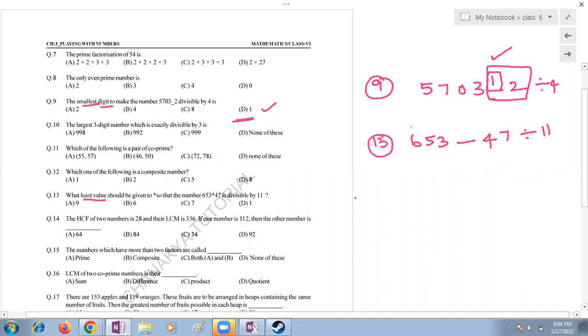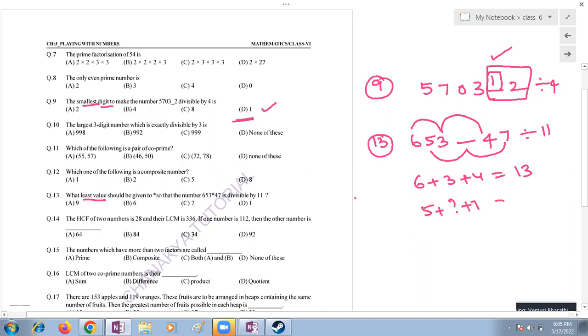Come on, now check your alternative digits. What are your alternative digits? 6 plus 3 plus 4 is 13. Now another pair of alternative digits: 5 plus an unknown number plus 7. 5 plus 7 is 12.